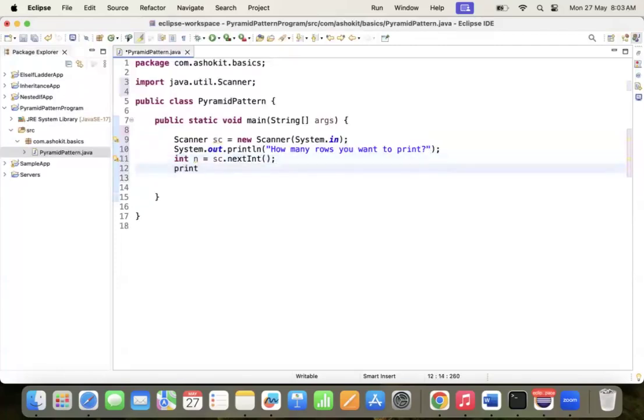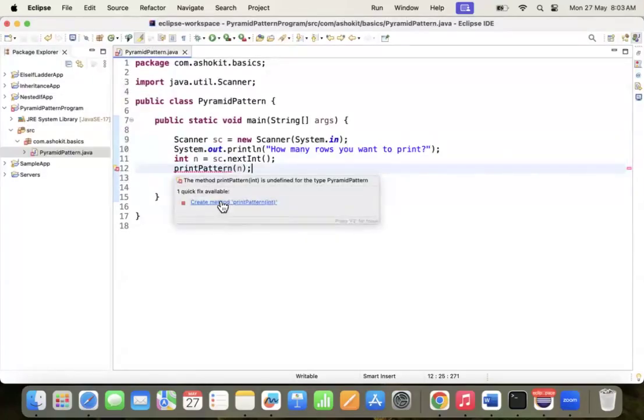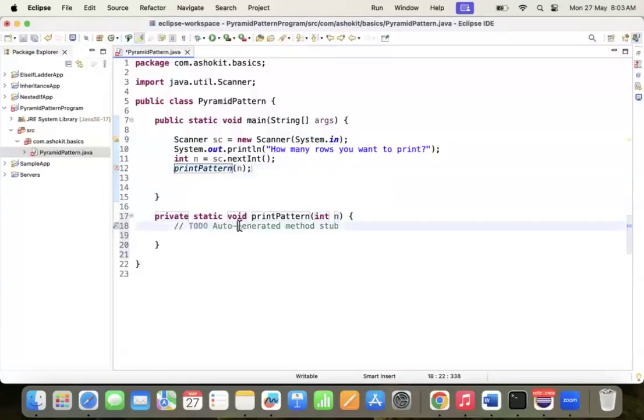Then I'm calling the method printPattern of n, passing that n variable. But one thing here is that I have no method called printPattern. I should create the method now, so create the method called printPattern here.